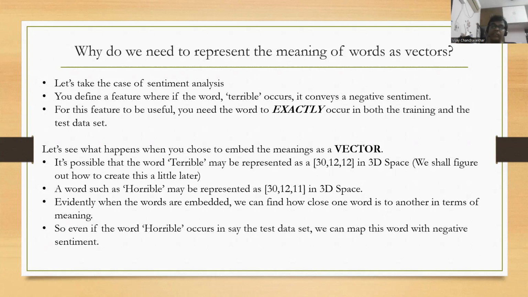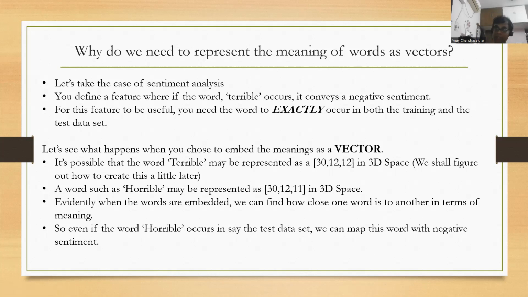The closer the vectors, the closer the words are, right? So even if the word horrible occurs in, say, the test data set, we can map this word with negative sentiment. Why? Because we were looking for terrible, a vector on the 30, 12, 12.